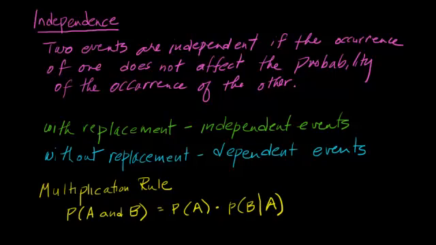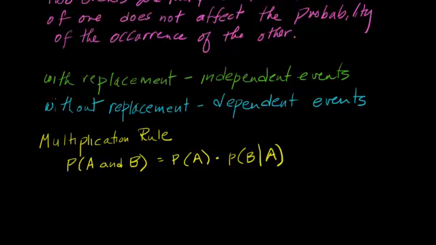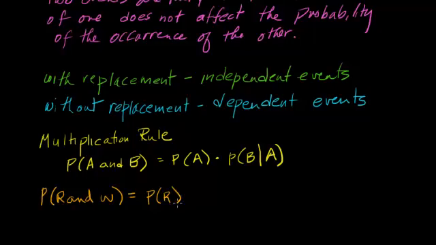So returning to that example we had of the urn, and we wanted the probability of red and white, we would say, well, that's the probability that the first one is red times the probability that the second one was white, given that the first one was red.